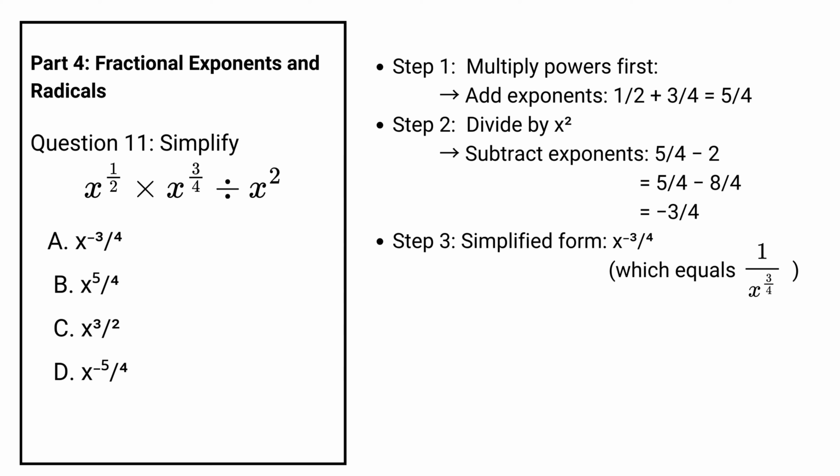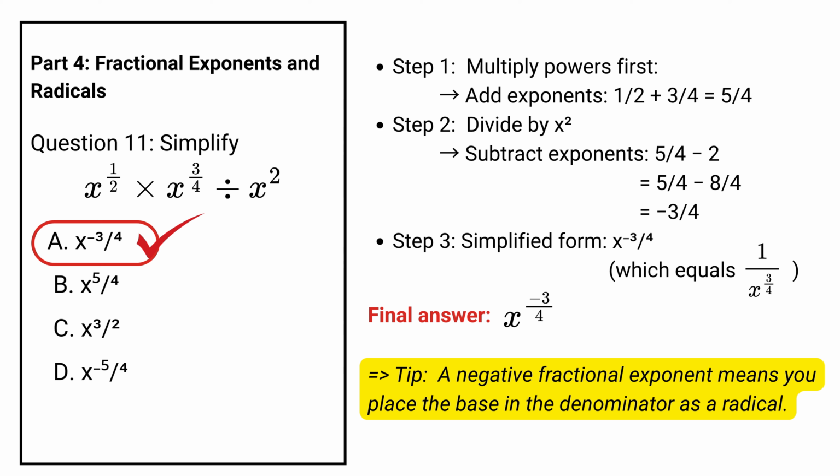That's x to the negative 3/4 power. Negative exponent means move it to the denominator. So it's 1 over x to the 3/4 power, or 1 divided by the 4th root of x cubed. The key idea: add for multiplication, subtract for division.